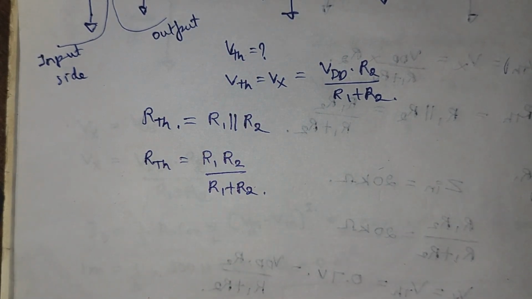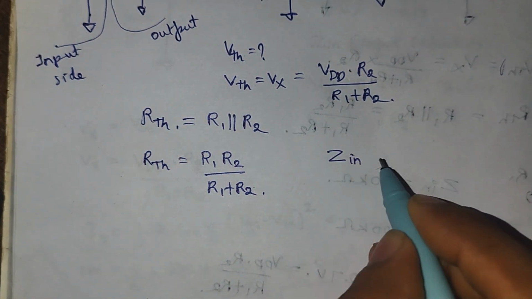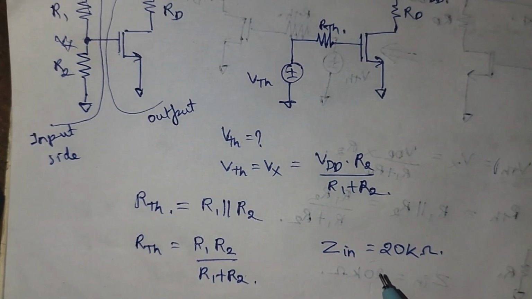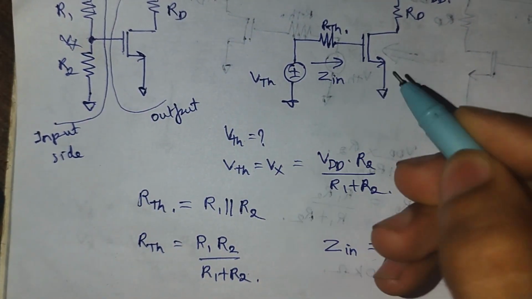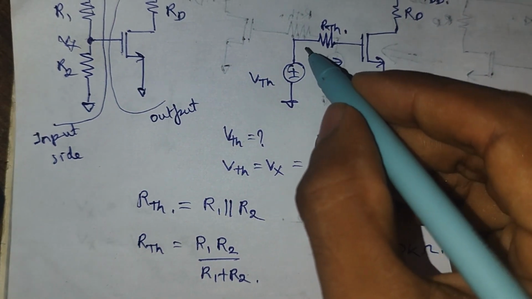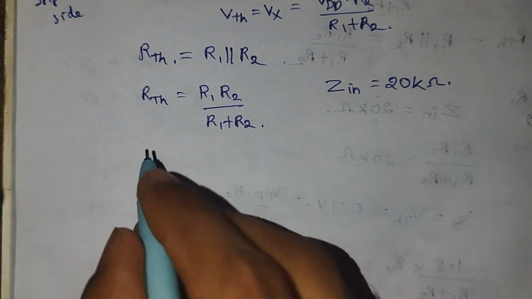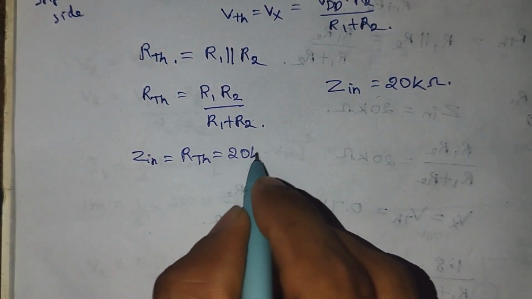And from the specification of the design, it is stated that the input impedance should be 20 kilo ohm. From the Thevenin's circuit, we can tell that the input impedance Zin is nothing but the Thevenin's resistance Rth. So we can write Zin equal to Rth equal to 20 kilo ohm.